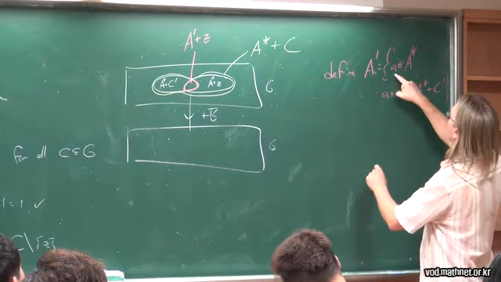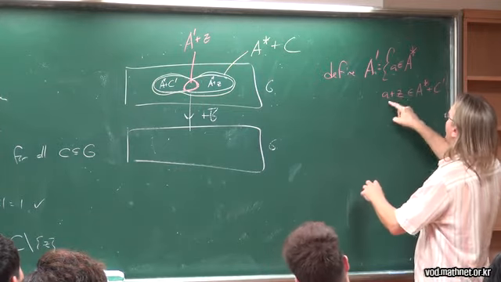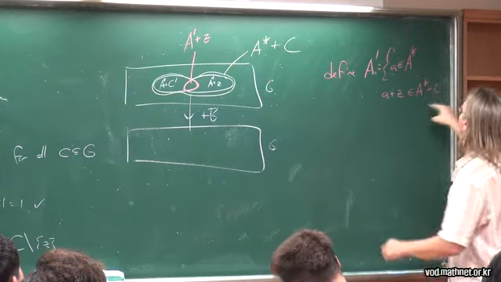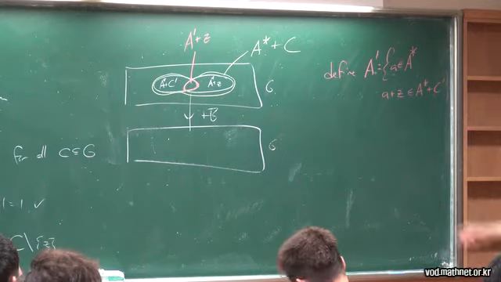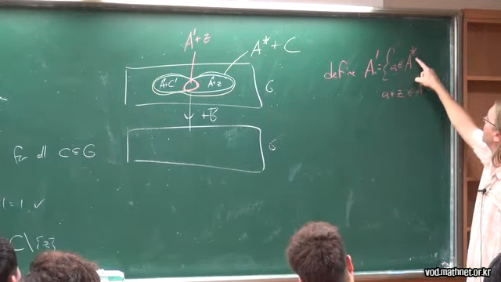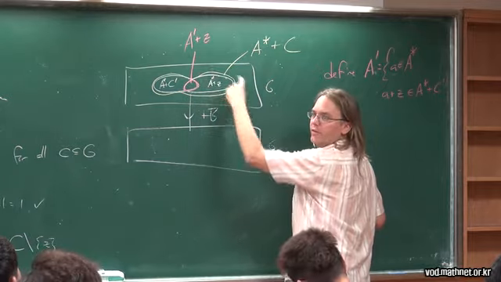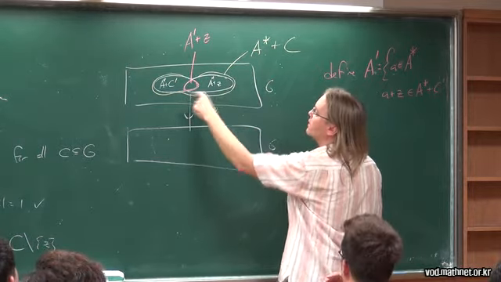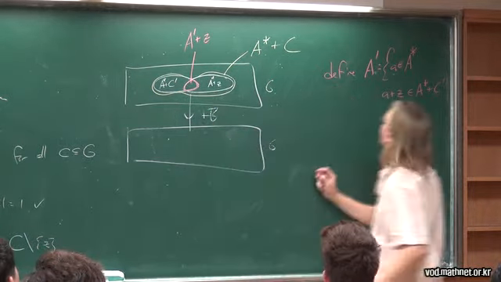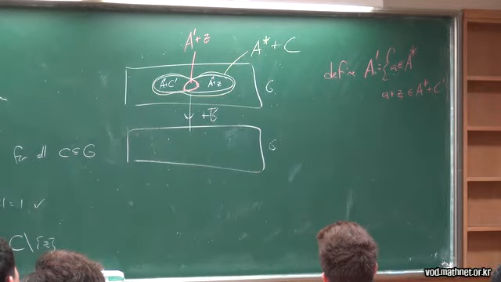So this is the set of all elements in A star so that when you add Z to them, you're still stuck inside A star plus C prime. If I'm taking something in A star and adding Z to it, that's precisely this set of elements that I can get. And I'm just interested in when this set of elements lands me in that set. Well, that's what I've defined A prime to be.